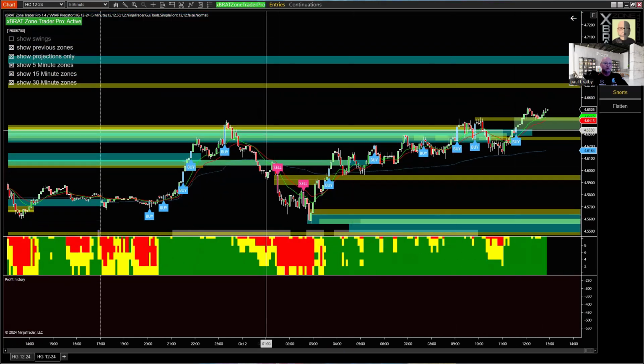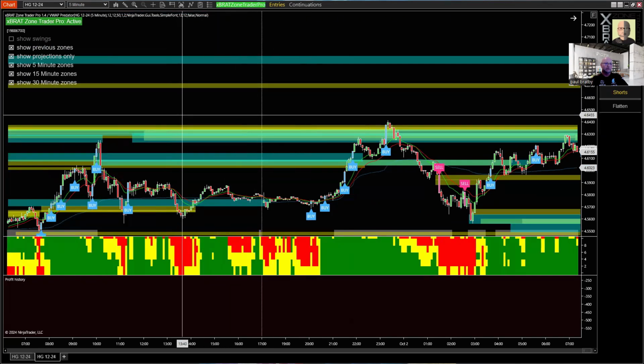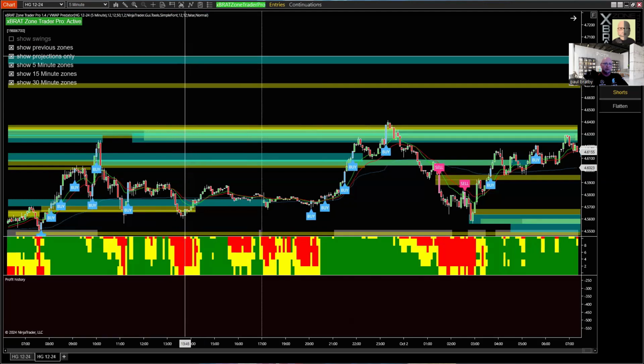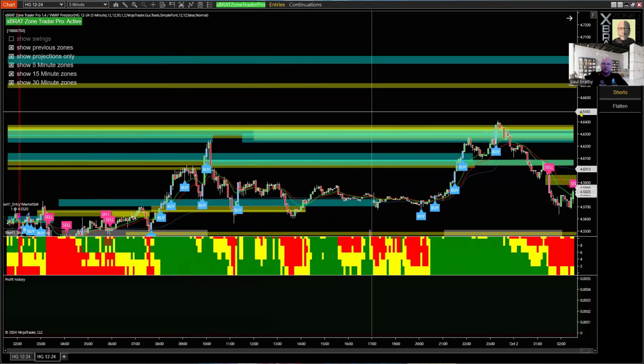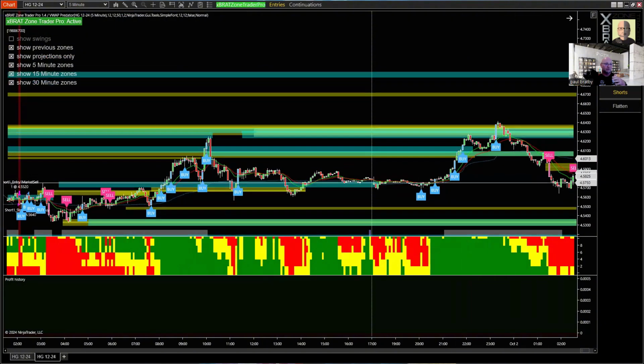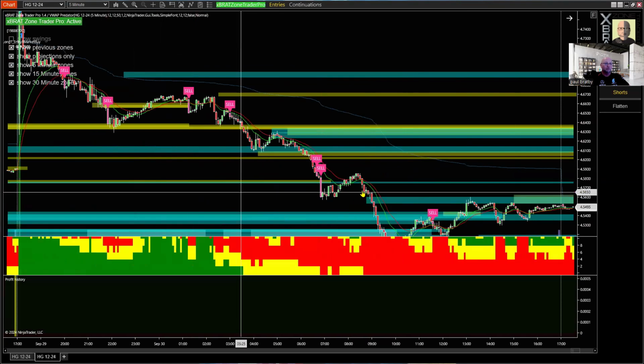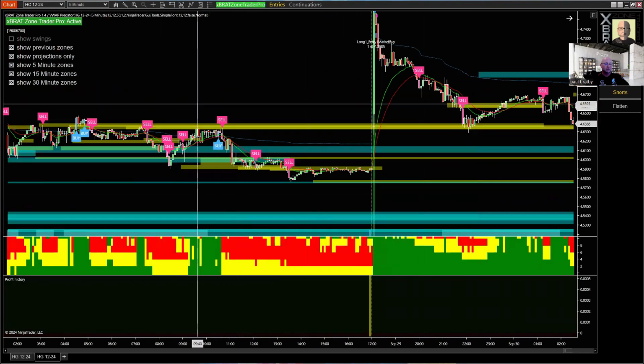At the moment, we've got the 30, the 15, and the 5-minute zones printed. So the 5-minute is the native, which is yellow. The cyan are 15, and then the green, if there are any, yes, there's further down, are in green. We can also add 60-minute, daily and weekly to those, but at this moment in time, this one's optimized for these particular strategies. So what happens is we really do want to look for those trades that break through.